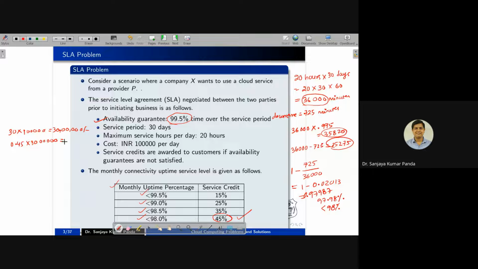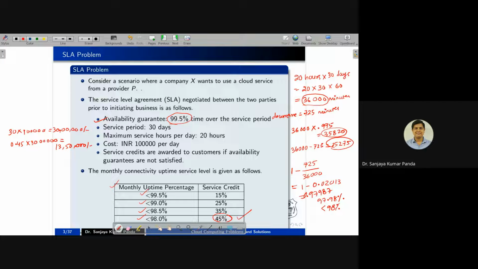How much will you get? I think you will get 13 lakh 50,000. So this is the penalty.